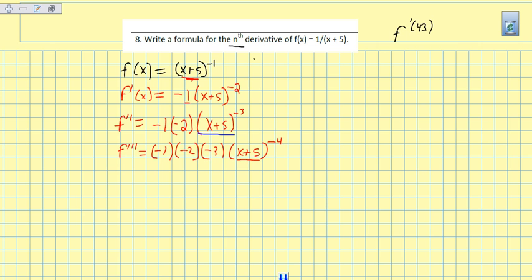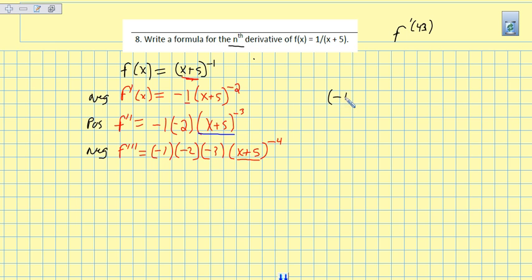So let's look at it and see if we can develop some thoughts here. First of all, this derivative is negative, and this derivative would end up being what? Positive, right? Because you have negative times negative. And this derivative is a negative times a negative, which is positive, times another negative. So the third derivative is negative. So it looks like this thing probably alternates between negative and positive. So how do we express that?